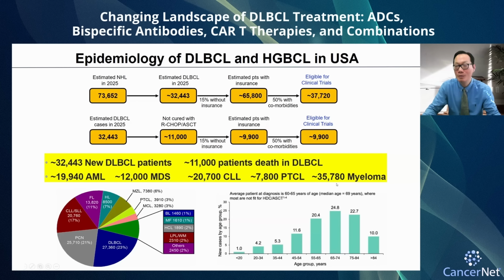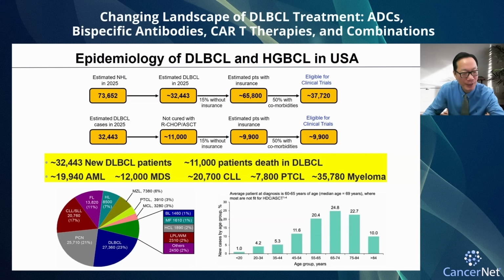Myeloma frequency has dramatically increased, probably comparable to the frequency of DLBCL. The median age in DLBCL is around 69 years old. As we see on the curve, it's relatively uncommon in the pediatric population, but after 75 the disease frequency also decreases. This figure shows the frequency distribution of disease in the United States.